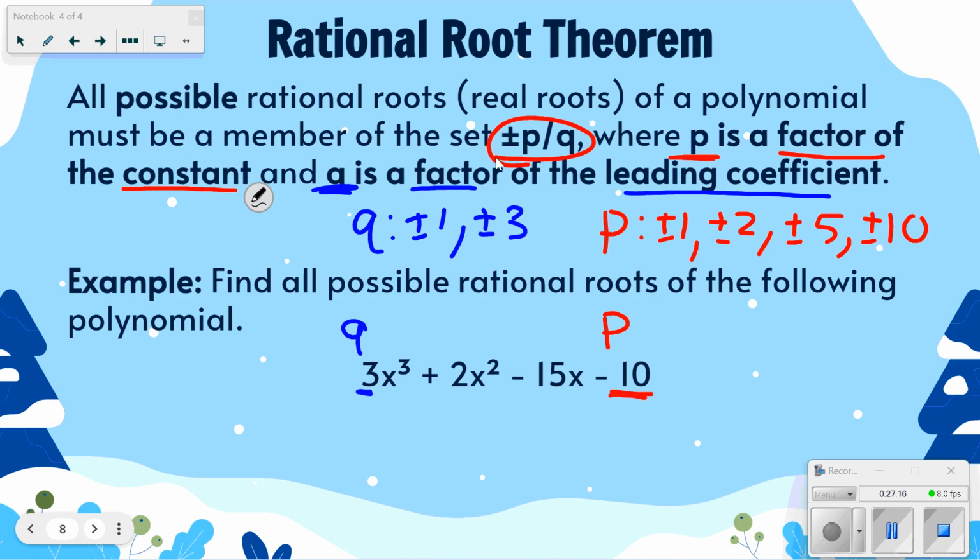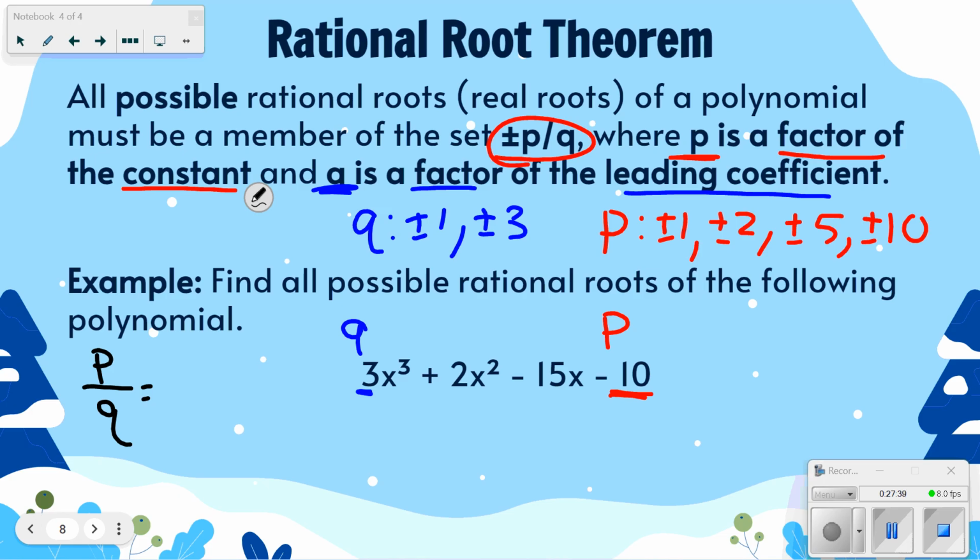So what is going to be our possible list? That is going to come from your P over Q. How I think it's easy to keep things organized is take your P values and divide them by every single Q value you have.